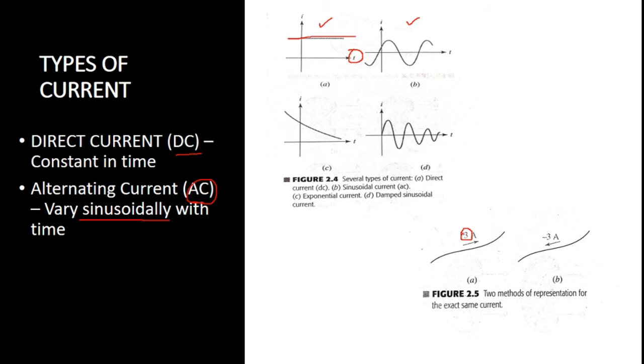Only if both the direction and value are present is it the correct representation. If either of them is not present, that is wrong. That cannot be considered a valid current source. So for representing currents, two terms have to be present: the arrow mark, which represents the direction of current flow, and a plus sign or a minus sign depending on the value of the current.